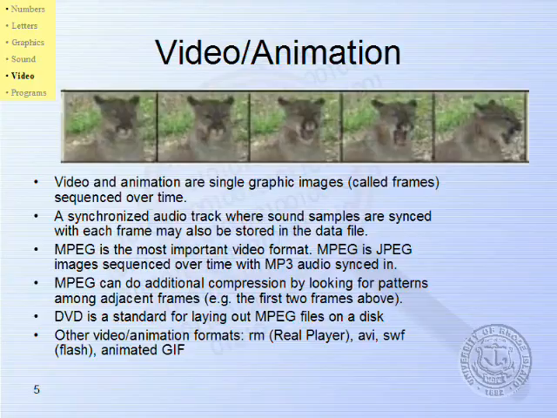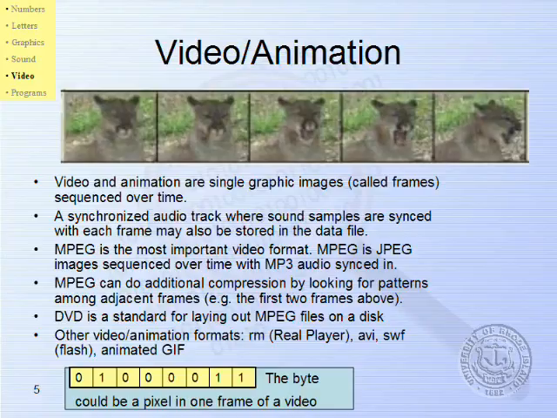Animated GIFs are moving frames in a single GIF file. So the byte that we looked at before could, in addition to being text, sound, could also be a pixel in a frame of a video.